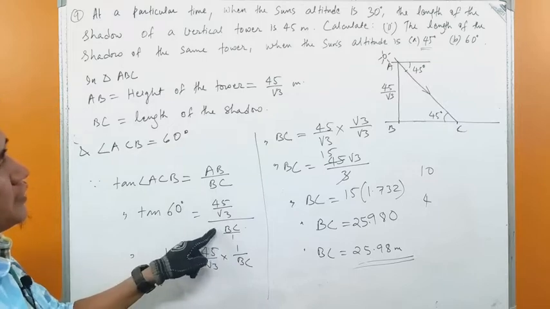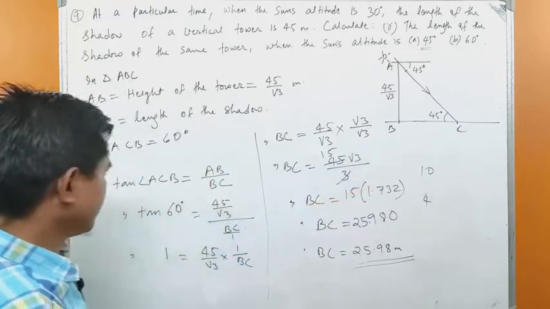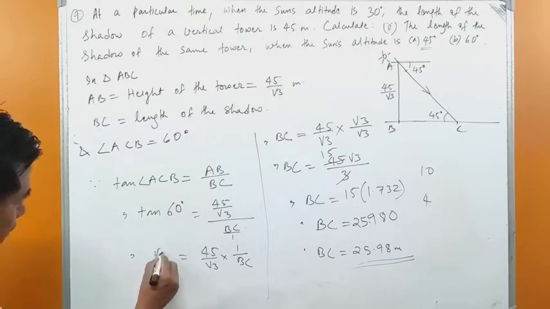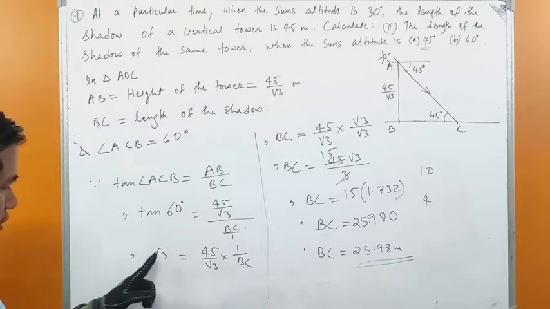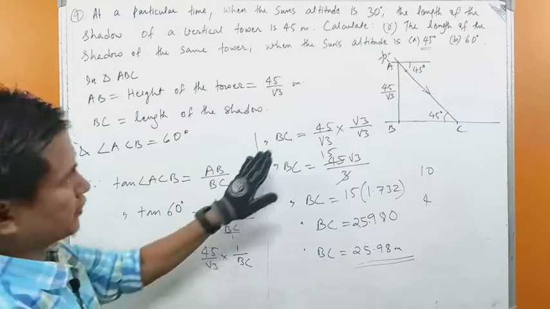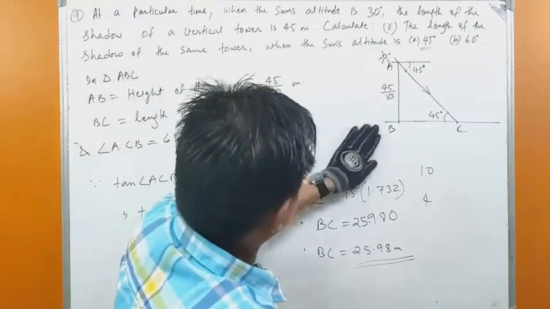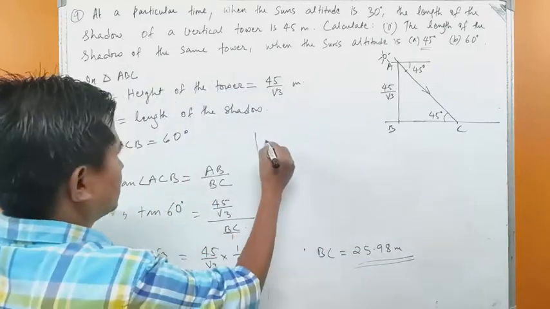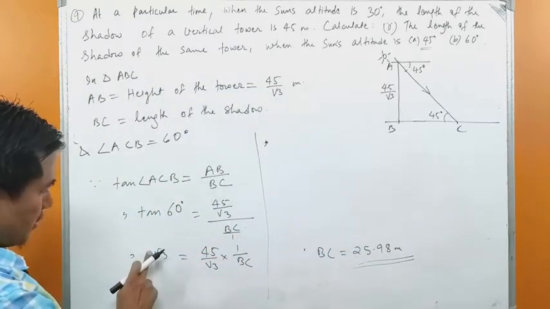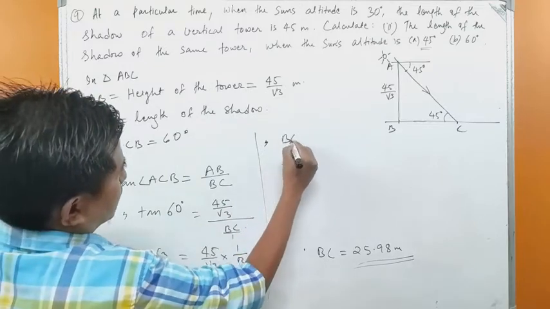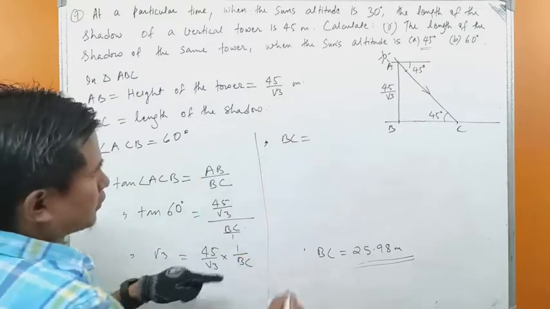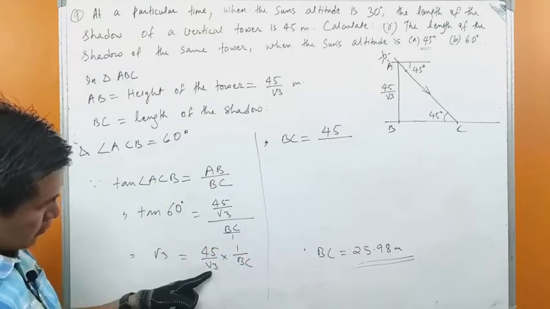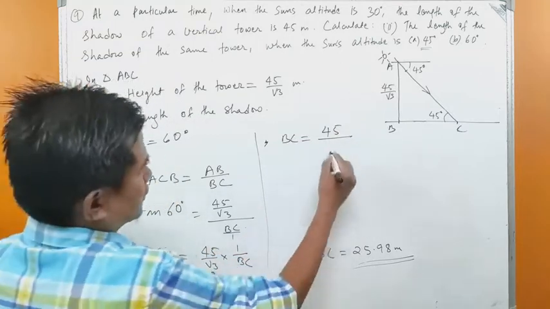BC is the shadow, and the value of tan 60 is root 3, so root 3 goes down to the denominator. Cross multiplication, BC equals 45 ones are 45 in the numerator, and in the denominator root 3 into root 3, that is 3.